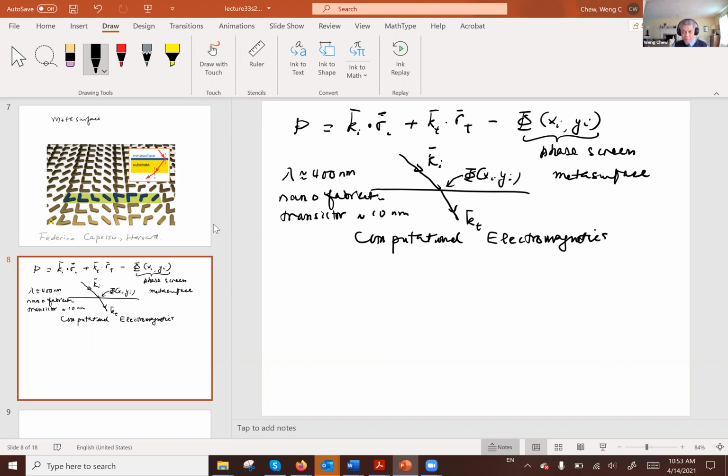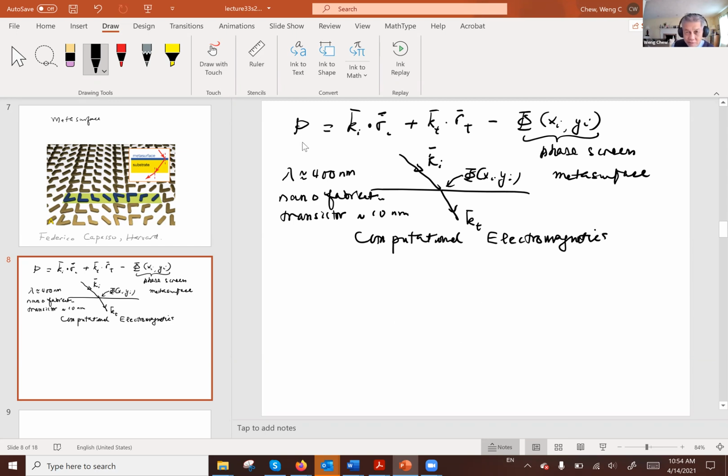Okay, so we can make a lot of wonderful things that are very, very small, much smaller than the wavelength of light. And if you work in an expensive lab, you can do nanofabrication. I believe our Berkeley Nanotechnology Center has that capability. You can fabricate this kind of tiny, tiny structures, made of maybe gold or silver or some other metallic structure on top of a surface. And hence you can think of this as being sub-wavelength, very much smaller than the wavelength. And you can think of them as behaving like a phase screen. You can solve this problem with computational electromagnetics.